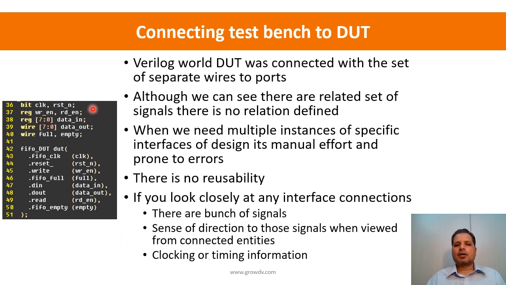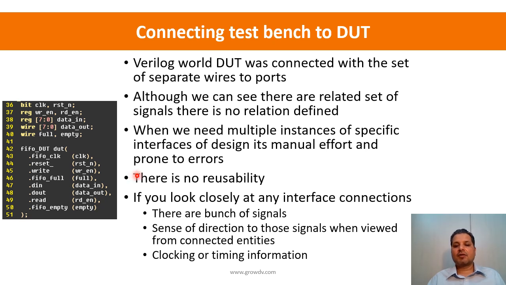If we look closely, when we say we are doing a connection, it contains a bunch of signals, and we have a sense of direction if we view it from either the DUT or the test bench. For example, the FIFO full is an output from the DUT side, whereas it's an input to the test bench side.